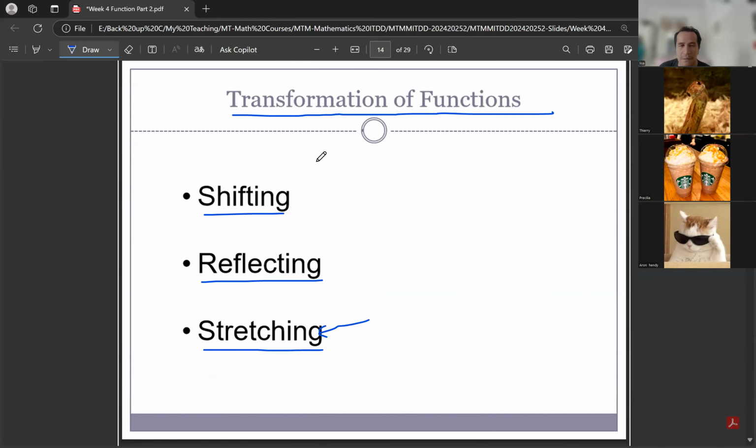Shifting has two kinds: we can shift the graph vertically, and we can also shift the graph horizontally.